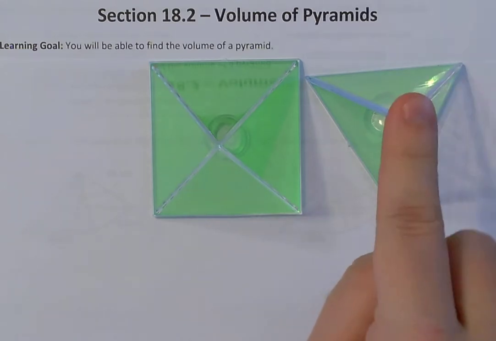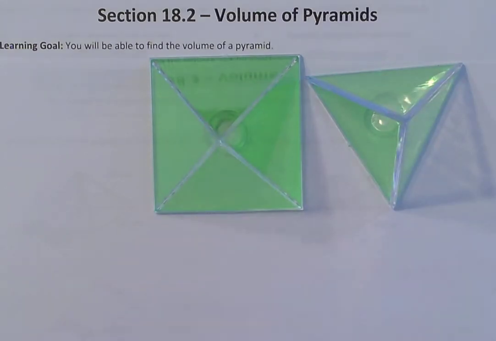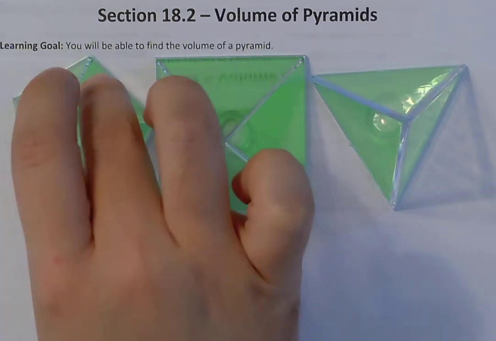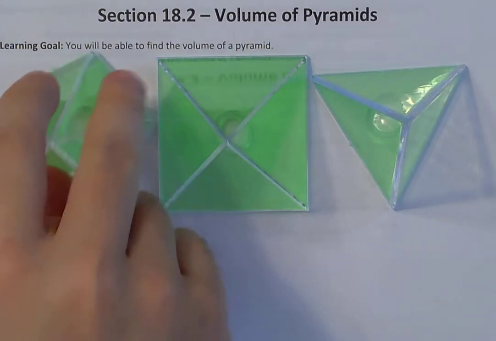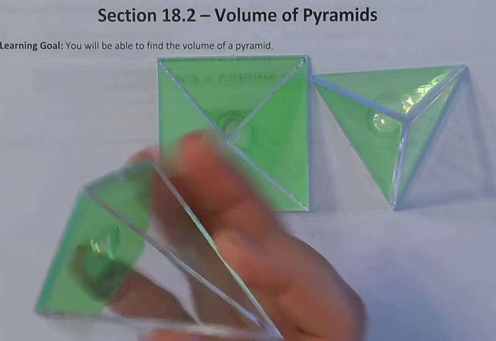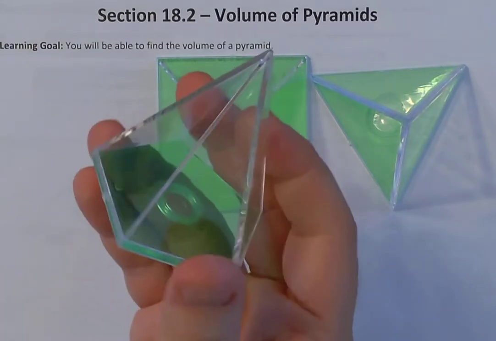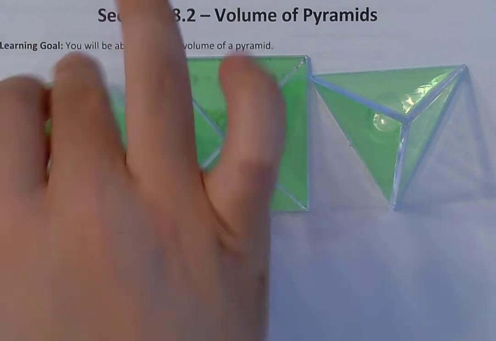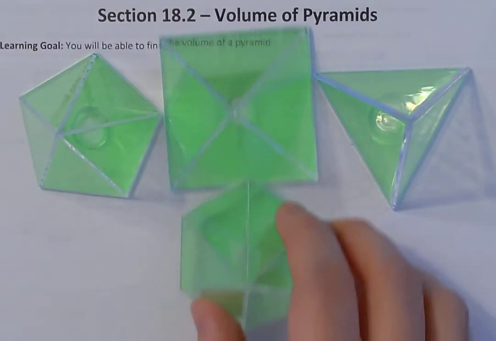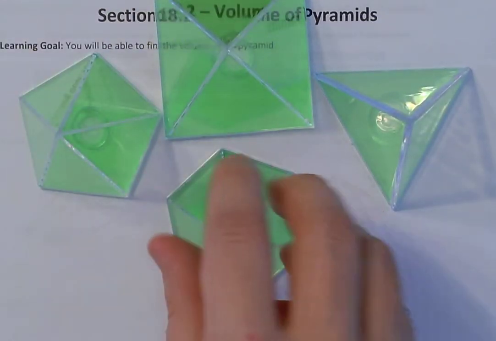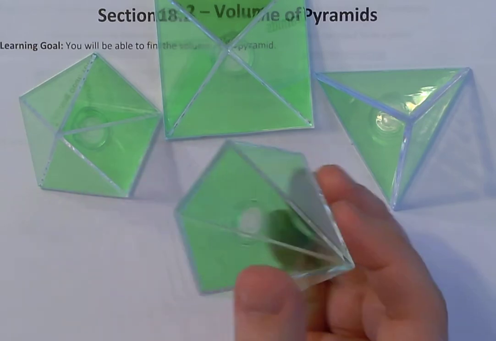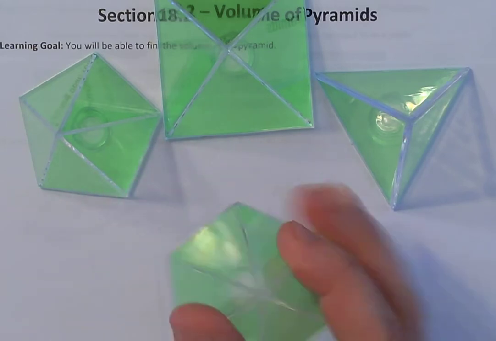Triangular pyramids and rectangular pyramids are where we're going to spend most of our time today on finding volume. But we're also going to talk about how you can find the volume of a pentagonal pyramid, where the base is a pentagon, and it has the rest of the properties of a pyramid. You can also have a hexagonal pyramid, where the base is a hexagon, and again, the sides are triangles.